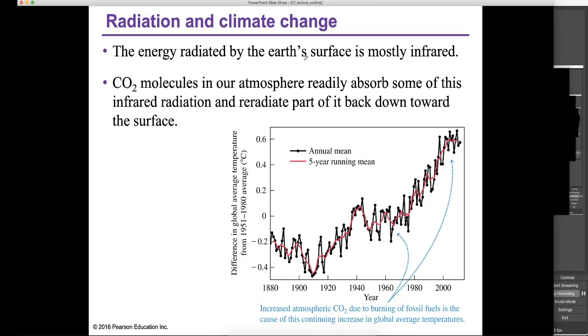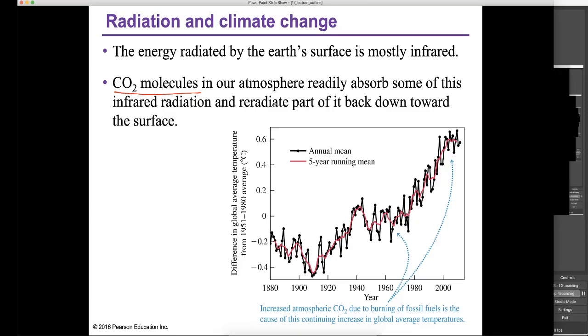However, CO2 molecules can absorb the infrared from the Earth, and that will heat up the CO2, and then the CO2 will emit infrared radiation back to the Earth.